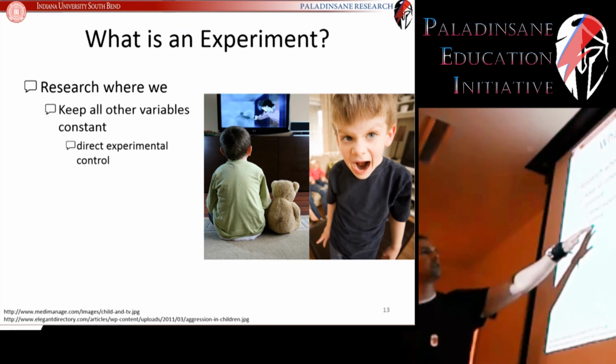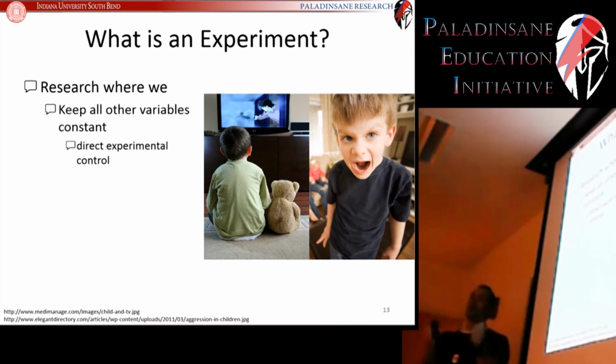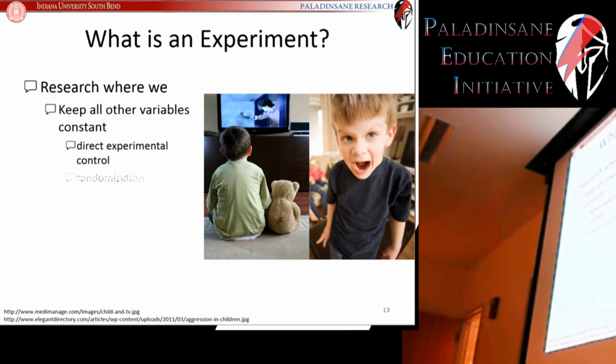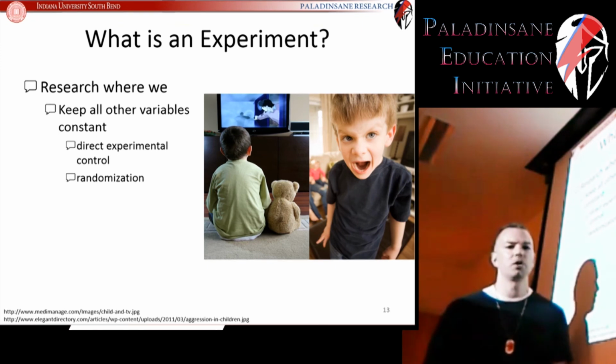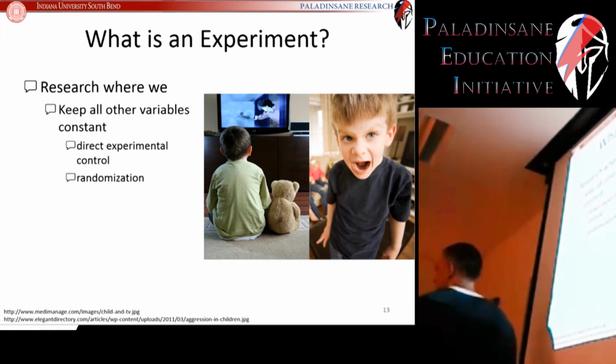So that's a part of that direct experimental control, where you control every aspect of the experiment so that you keep everything else constant, so that you have only differences because of the independent variable. And randomization is one of your best tools in order to do this.